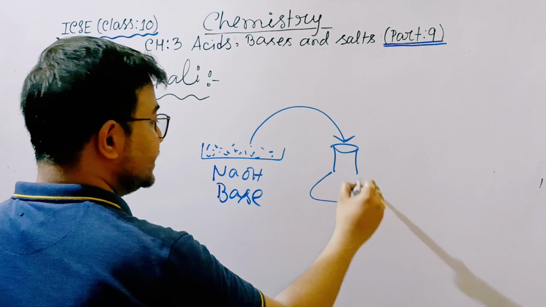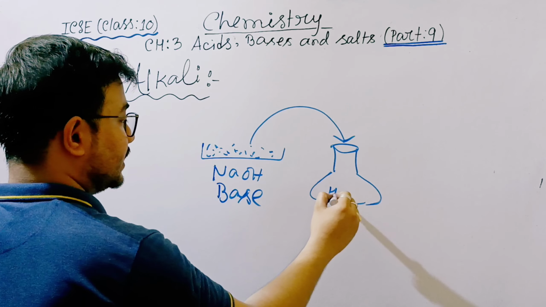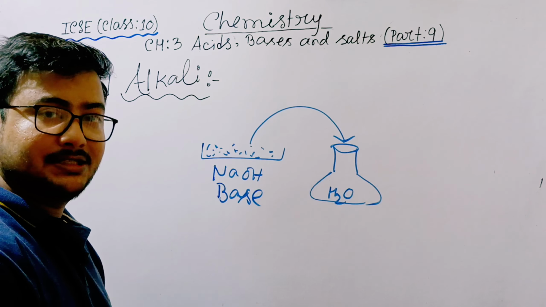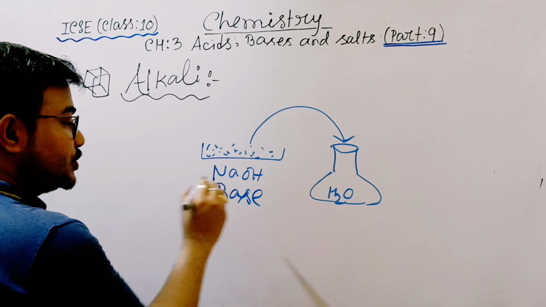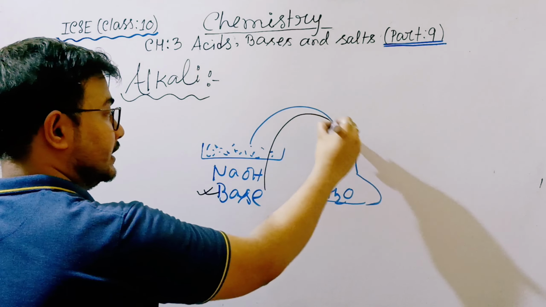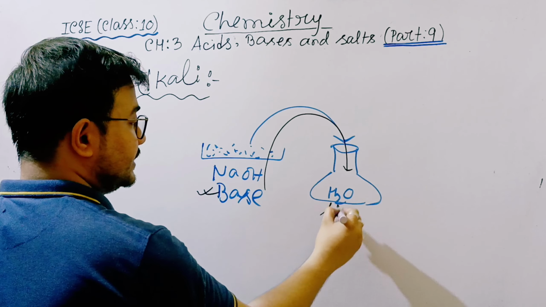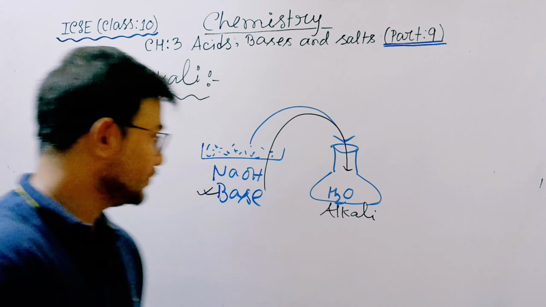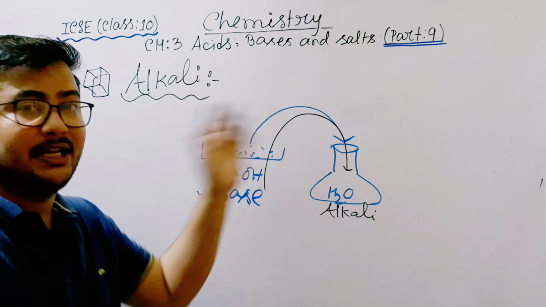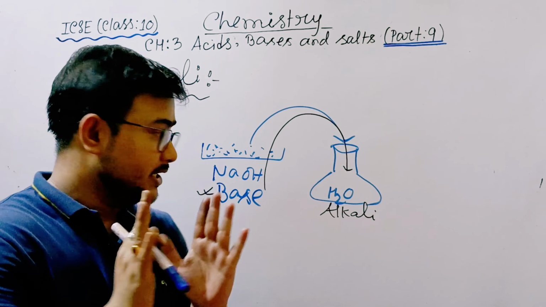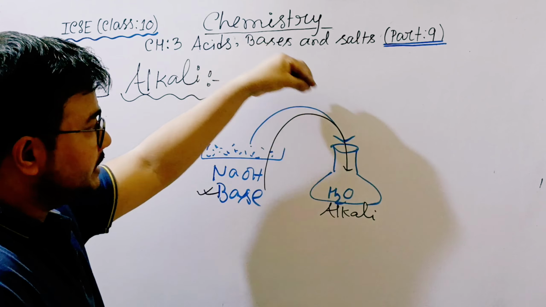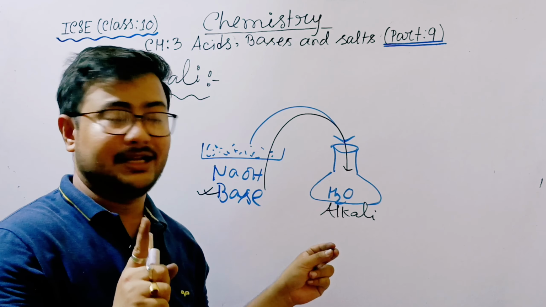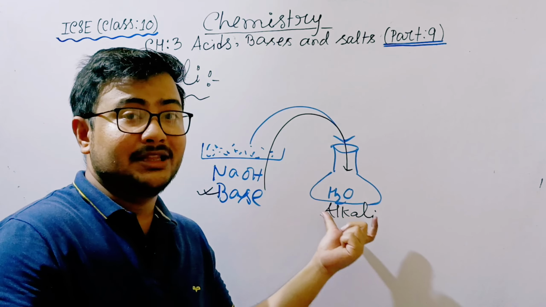Whenever you dissolve this dust into water, suppose in a conical flask you take some water and dissolve this dust, it is a base dissolving in water, so it is called alkali. In simple words, a soluble base is called alkali. If you put this base into water and it is not soluble, it is not called alkali. It must be soluble, then it is called alkali.